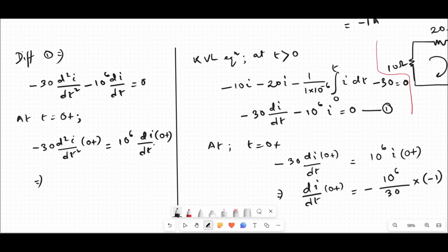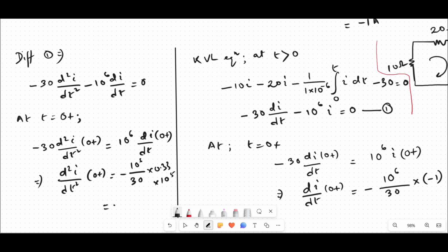As we already know the value of di/dt at 0 plus, we can determine the value of d2i/dt2 at 0 plus. This equals minus 10 to the power 6 divided by 30 multiplied by 0.33 into 10 to the power 5, right?